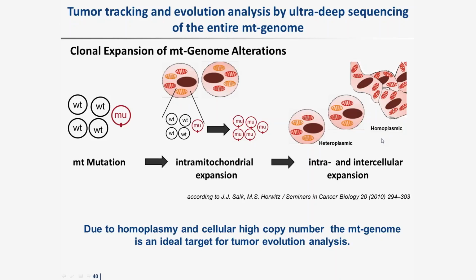So due to the homoplasmy and the high mutation rate, the mitochondrial genome is an ideal target for tumor evolution analysis.